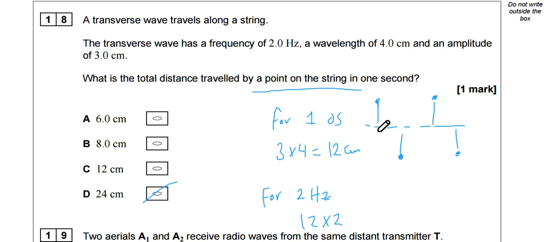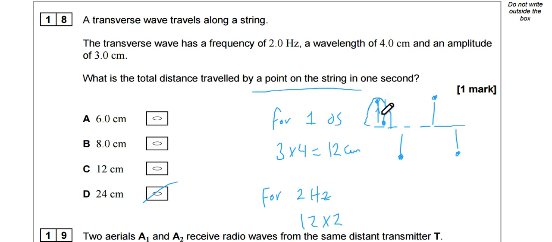Yes, it goes up gradually and then it goes down again to the equilibrium. So it cuts this 3 centimeter amplitude once up and once down.